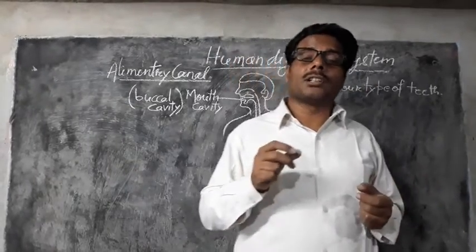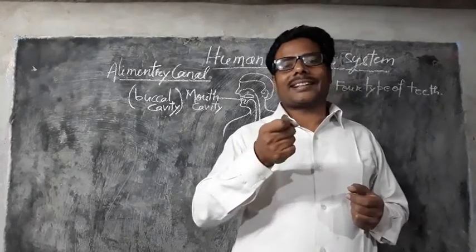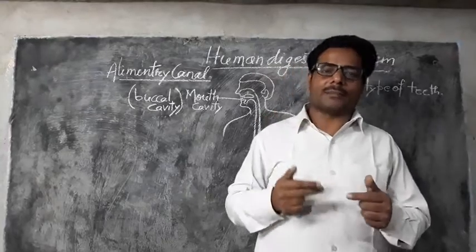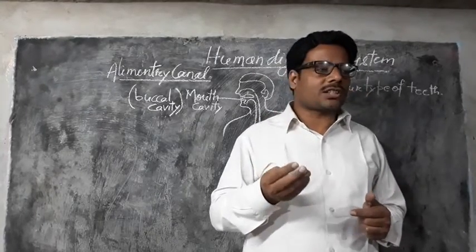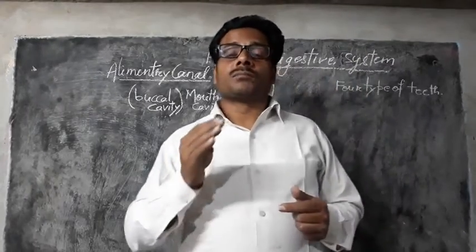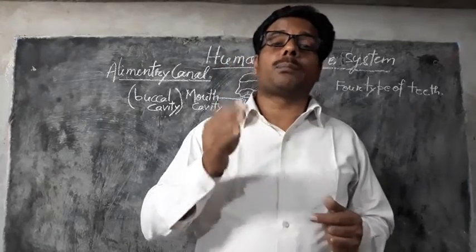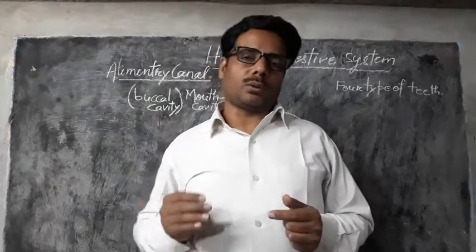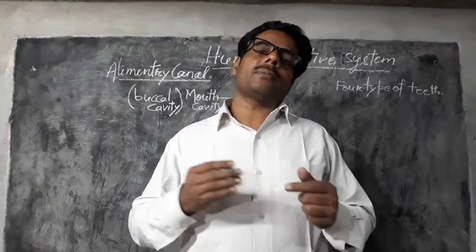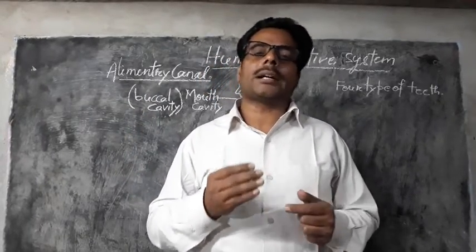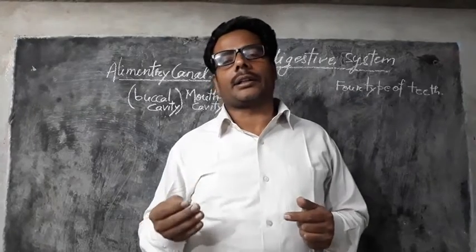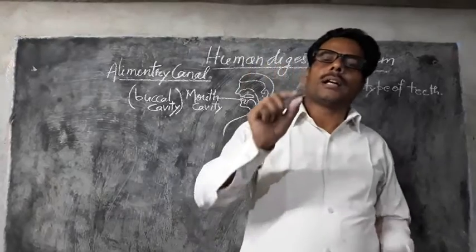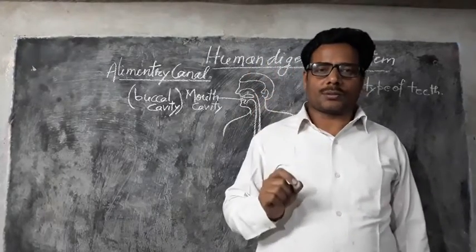Incisor is for biting the food, chisel shaped, and the molar and premolar are for mixing and grinding the food. So in this way, in our mouth cavity or buccal cavity, our food is broken down into small pieces.